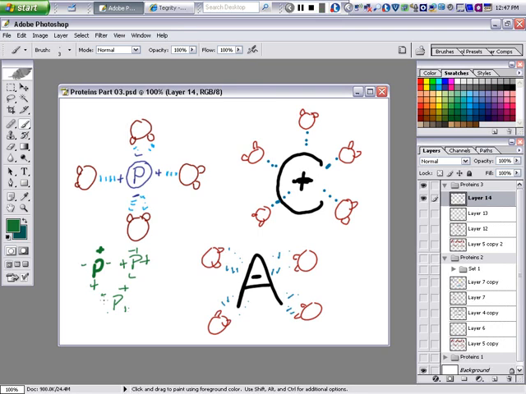They're going to fall out of the solution, making a precipitate. Does that make sense? Excellent. And that's how you purify your protein or separate your protein from your other small compounds and your other macromolecules. Does the rationale make sense?